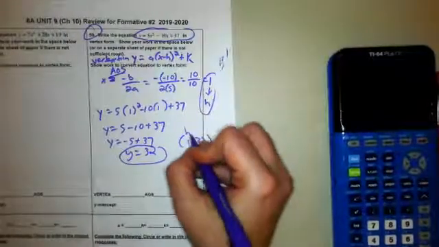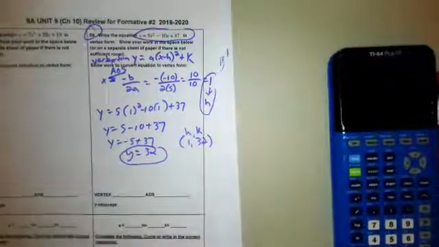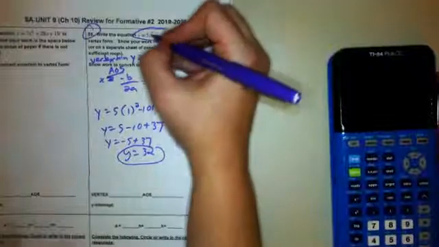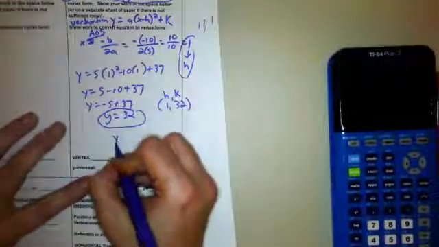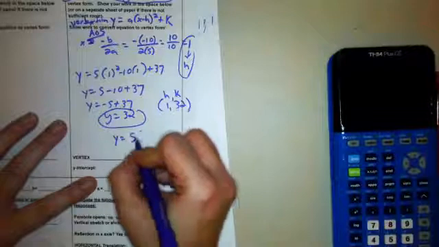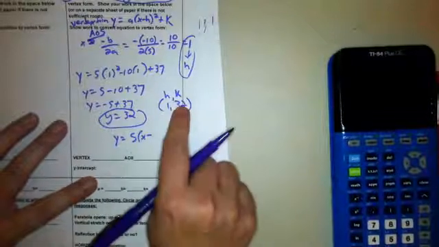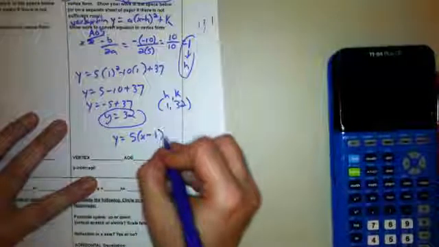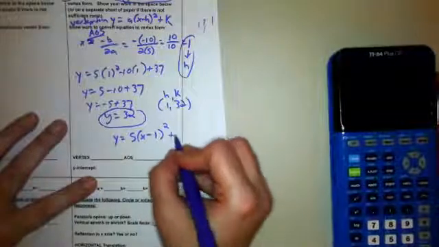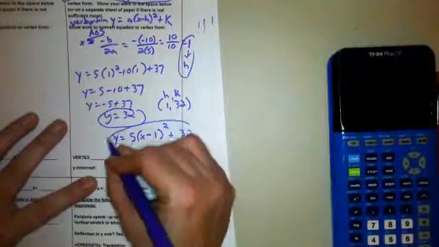That's my h and my k when you're in vertex form. We also know if we look up here, we've got our a value, which is 5. We can plug this in. Y equals a, which we said was 5, times x minus, what was my h? 1 squared plus 32. And there you have it.